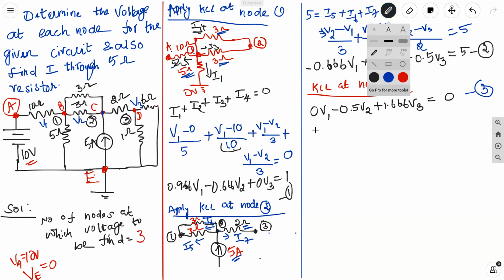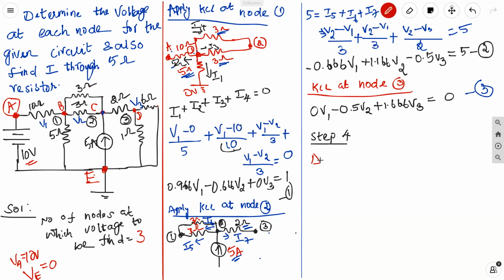So step 4, I need to solve the equation. I'll write the answer for del: 0.9. The answer for del B1: 7.23.